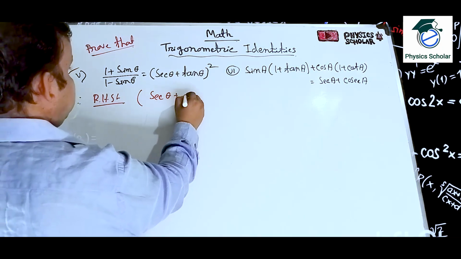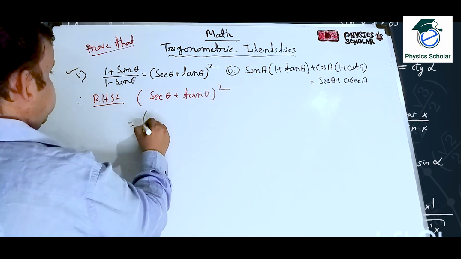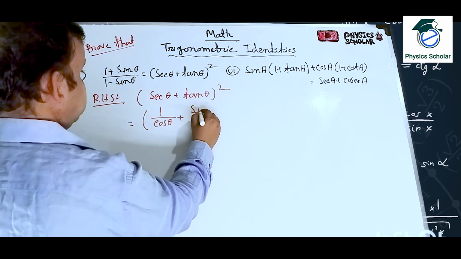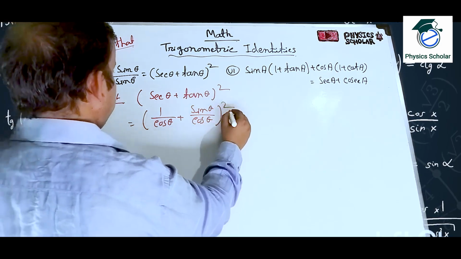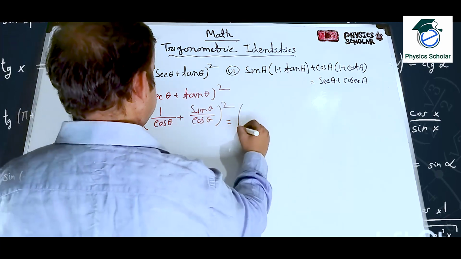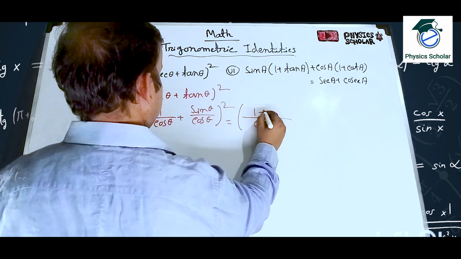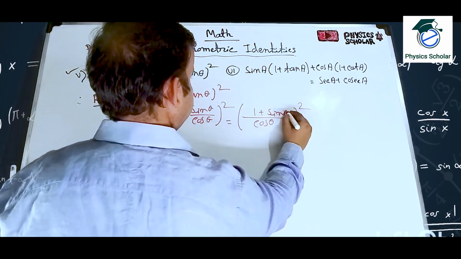So (sec theta plus tan theta) whole square. What is sec? 1 by cos theta plus sin theta by cos theta whole square is equal to what? (1 plus sin theta) divided by cos theta, whole square, clear.